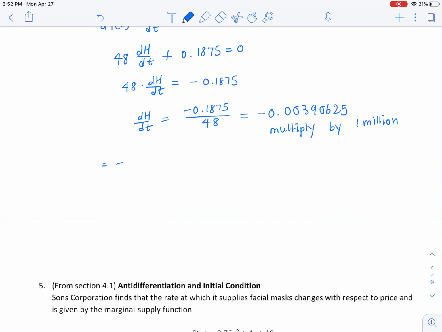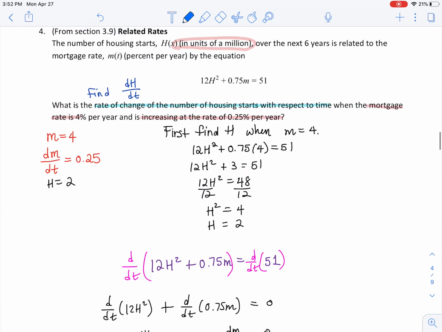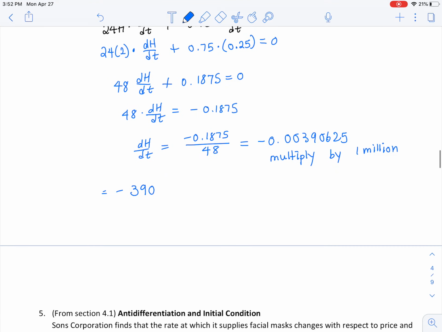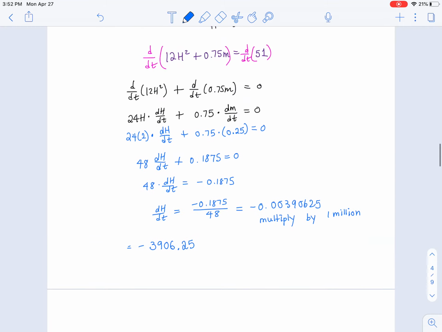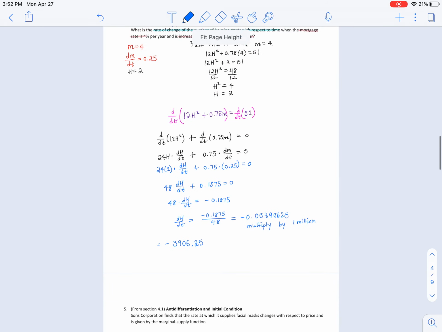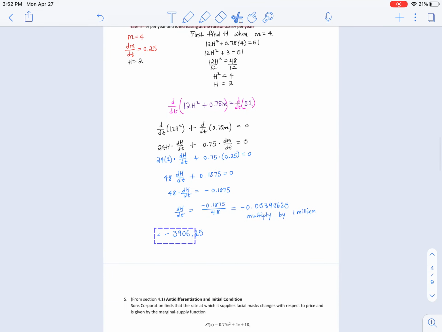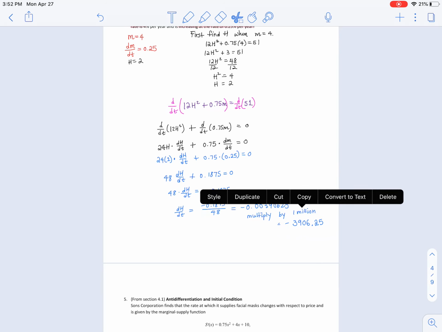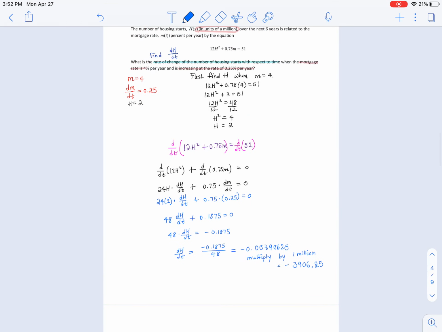This comes out to be negative 3,906.25. I didn't really ask you to round this somehow. And if you try to write the unit very carefully, what did we find? The number of housing starts. That's the answer.